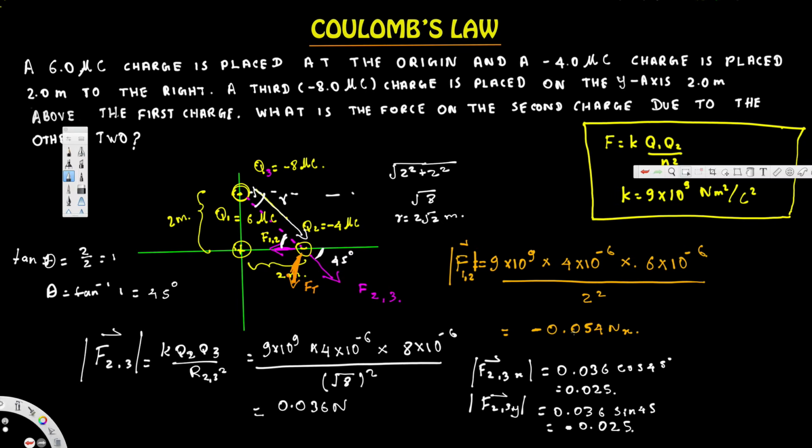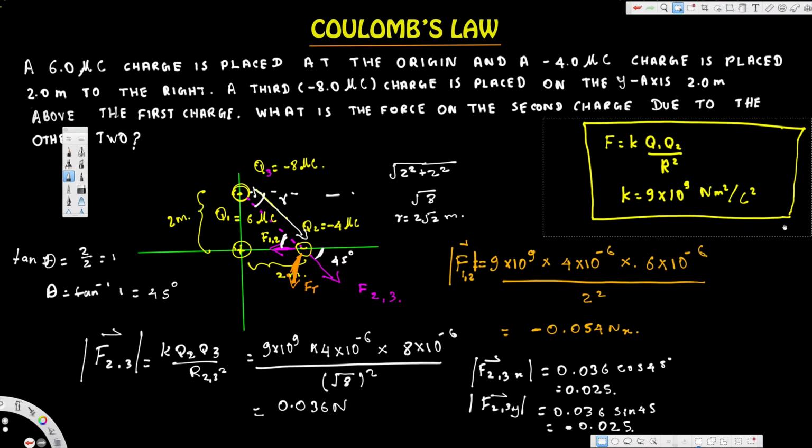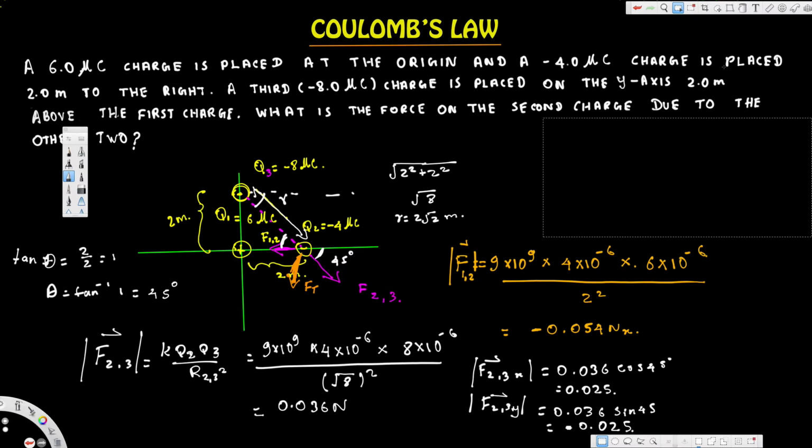Now we can go ahead and combine all these components together and see what we come up with. Okay, let's continue here. Let's write the x component. So total x is going to be what we are going to have.